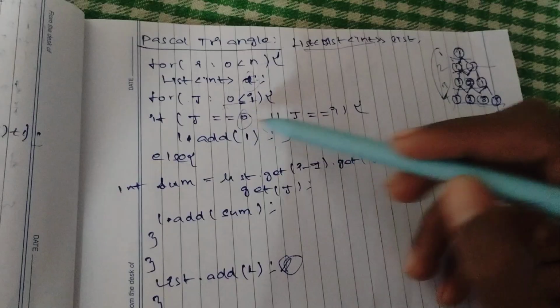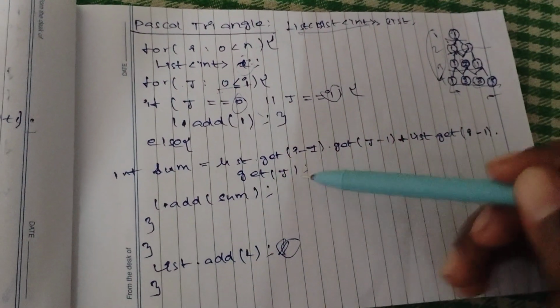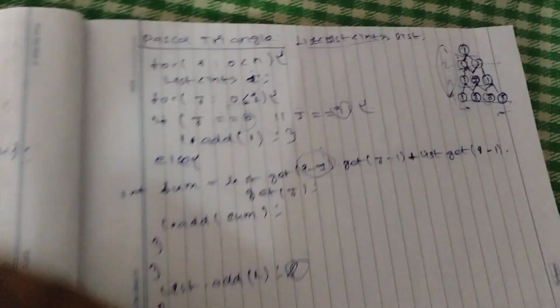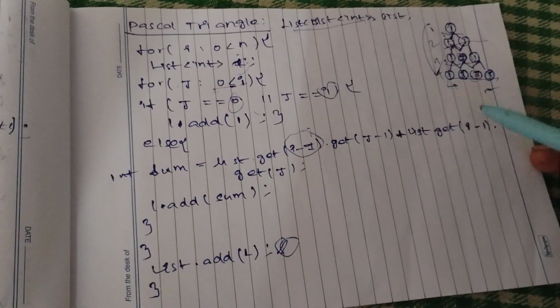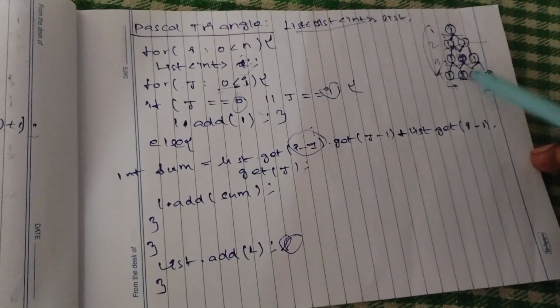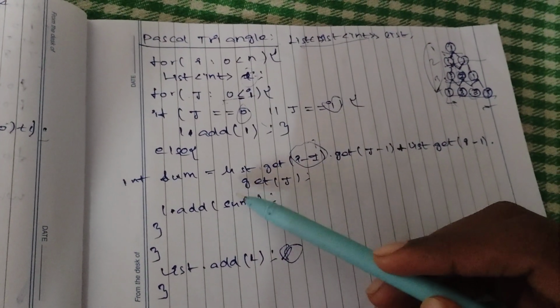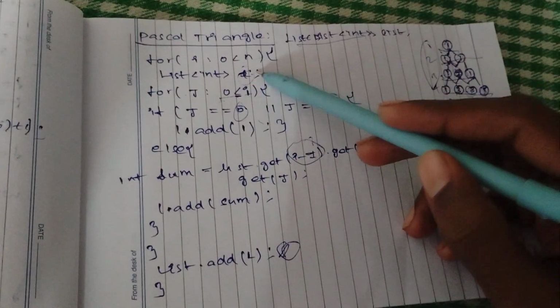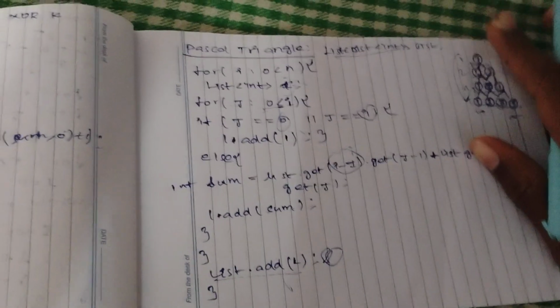If the element is the first element or last element, we have to add 1 only. Or else we get the previous row's previous element and the previous row's same element, both should be added, and added to the new single list. After that we add the single list to the 2D list.